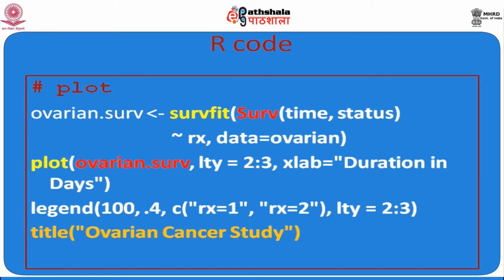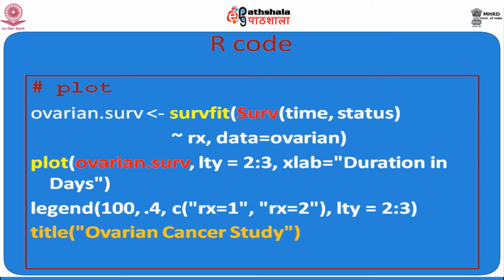Once you run the first line, we will call ovarian.surv, and with xlab we can show the duration in days, because the unit of the follow-up period in these patients is days.